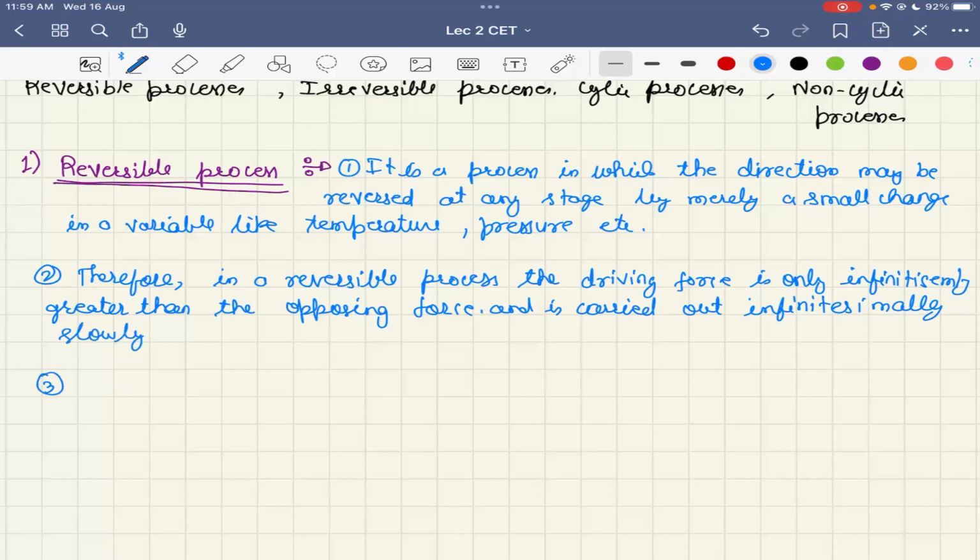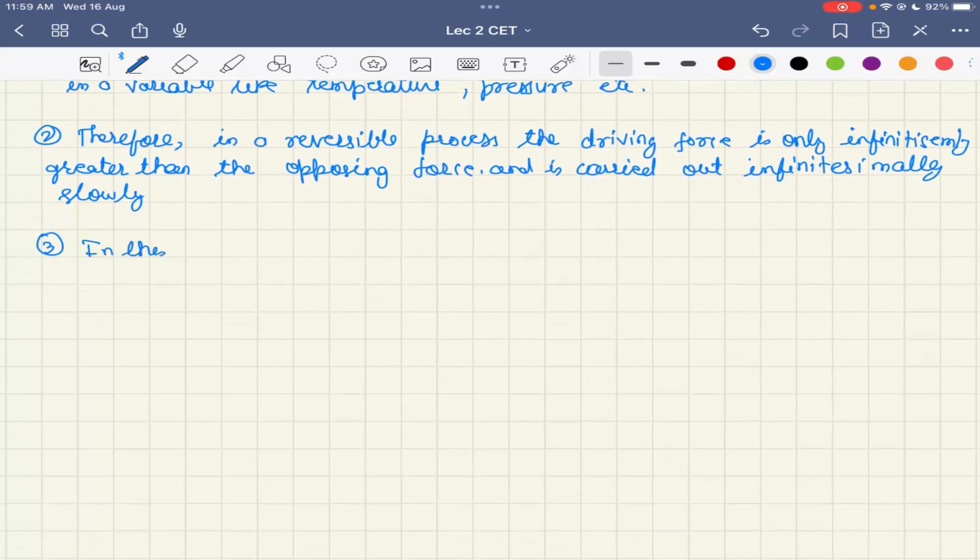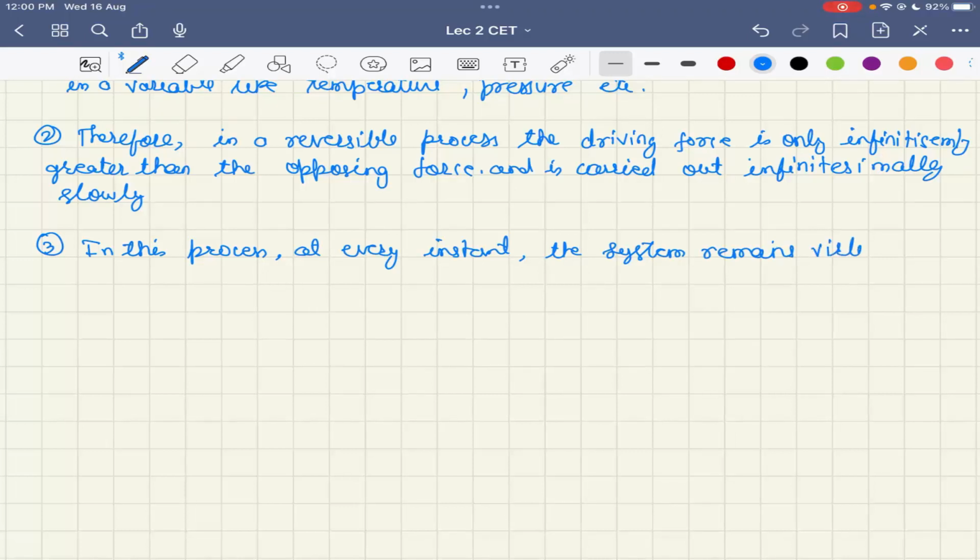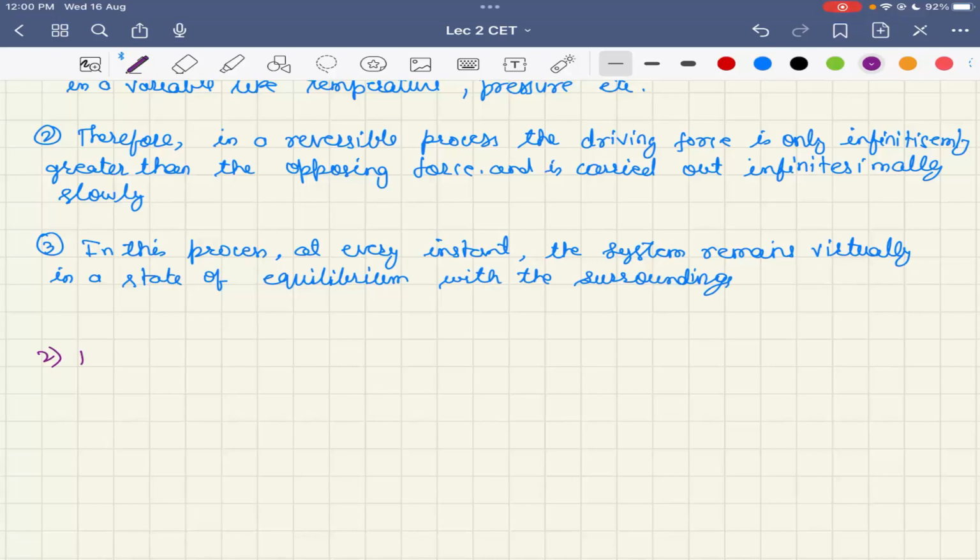In this process, at every instant the system remains virtually in a state of equilibrium with the surroundings.